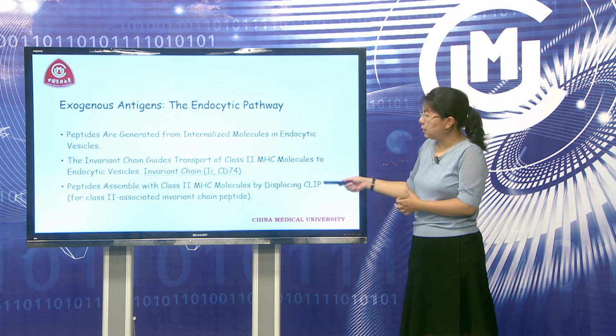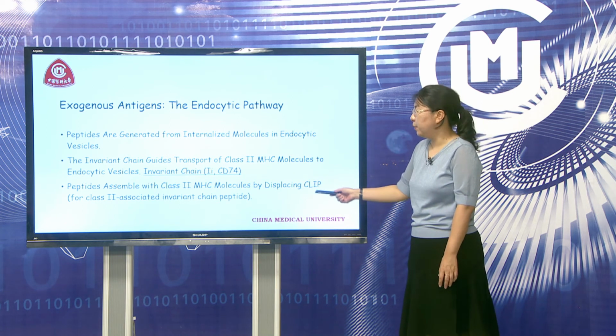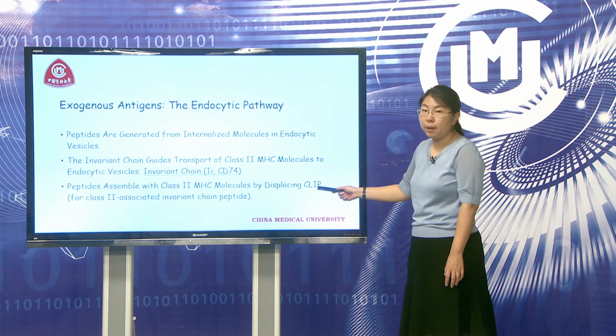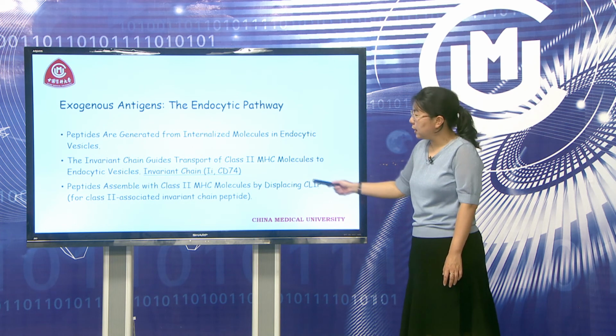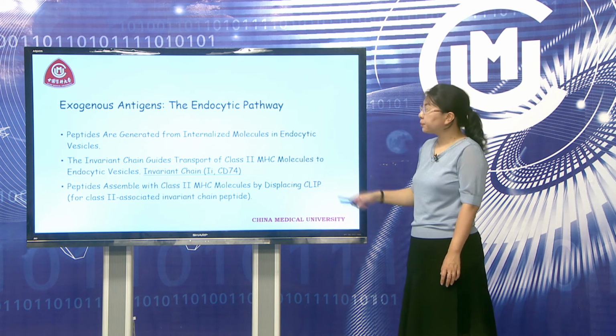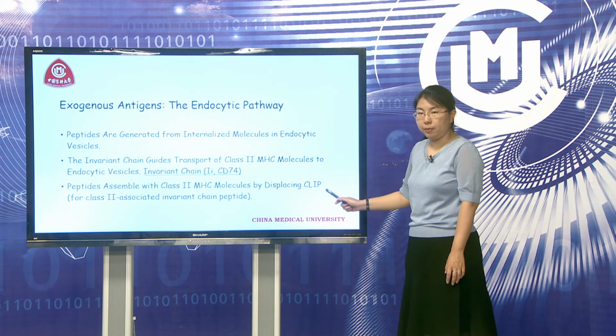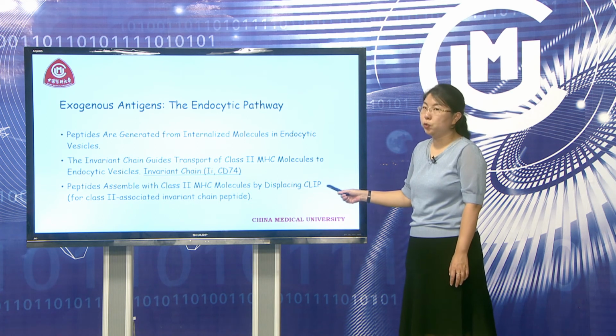After that, the peptide assembles with class 2 molecules by displacing this CLIP. This CLIP is actually a structure from the invariant chain, right? So the antigen replaces this CLIP, then binds with class 2 molecule.